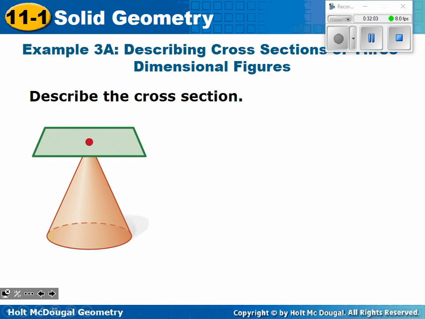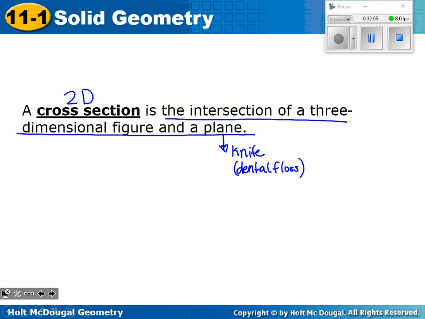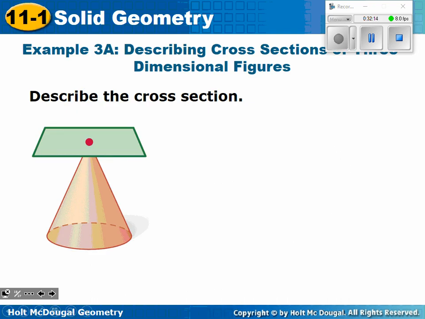Okay, go back real quick, sorry. It can be, I should put can be two-dimensional, because this first example is not two-dimensional. Most of the time it's two-dimensional. Okay, so look at this one. So this is basically taking our cone and putting our plane directly on top of it.